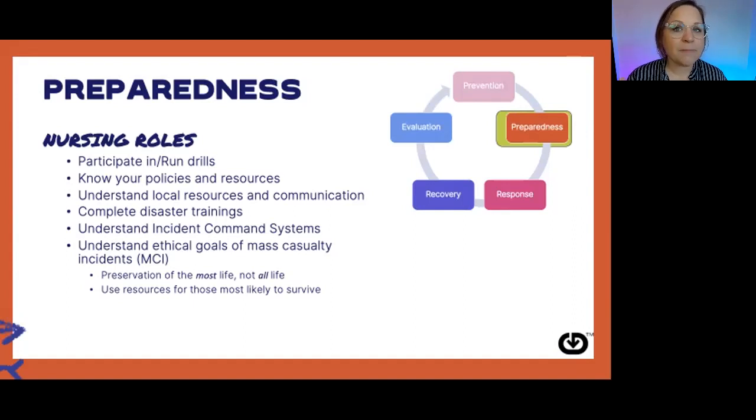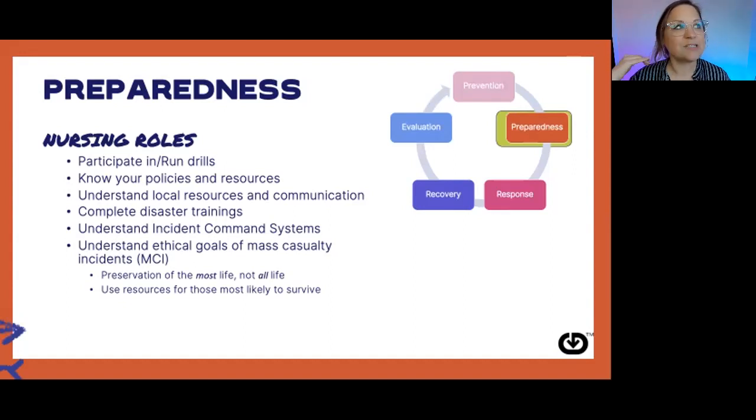But when we talk about mass casualty incidents, we can't take 3 doctors, 3 nurses, a respiratory therapist, the CT lab, and throw all of these resources into one patient who has a low likelihood of survivability. We can't do that when we've got 100 other people who actually might survive if we intervened.